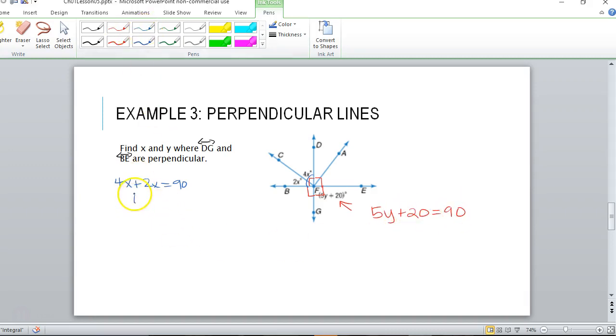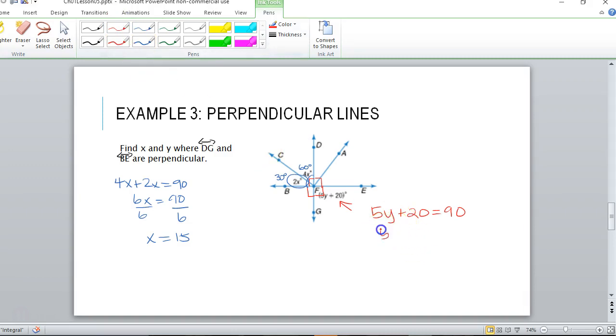Solving those two, 6x equals 90, that was putting like terms together. Dividing both sides by 6, x is 15, which would make this angle, if you have to find the angles, 2 times x, 30 degrees. This one is 4 times 15, 4 times x, or 60 degrees. 30 and 60, 90. Good to go there.